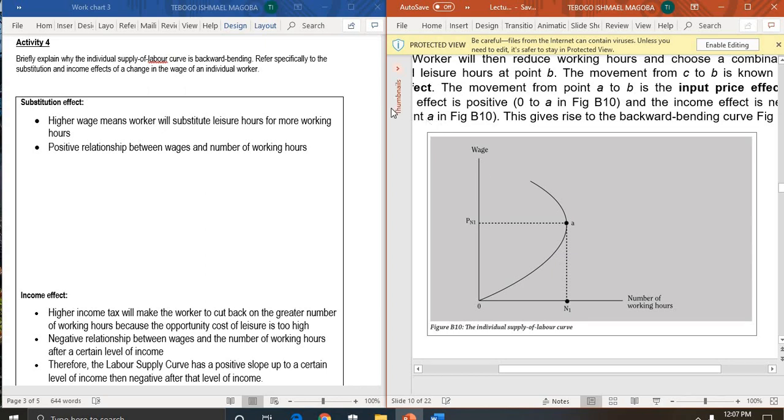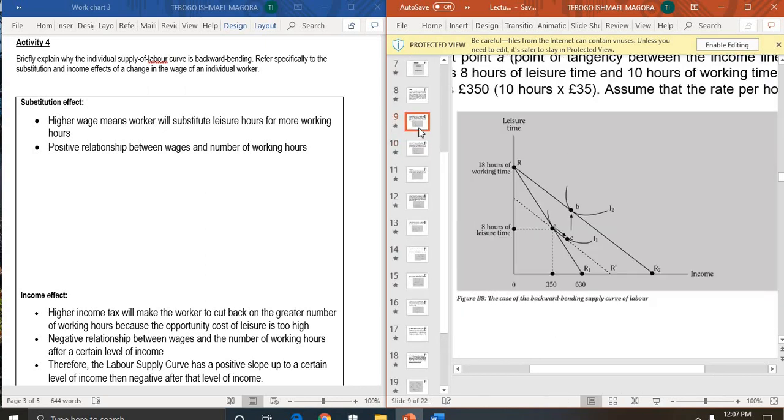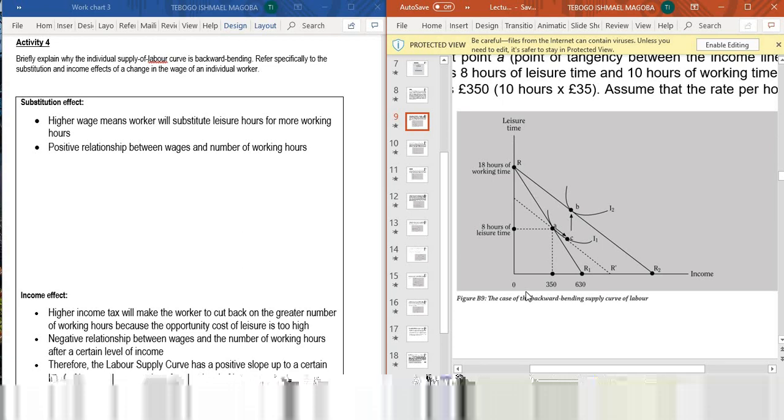Okay, but you can also see it on the last slide. From point A to C, the number of working hours has decreased. This person went from 8 hours of leisure time to maybe, at this point, I would say it's 10 hours of leisure time now, with 8 hours of working time. Okay, because I did say that the more you move from this point going down, you have more leisure. From 0 going up, it's more working time.